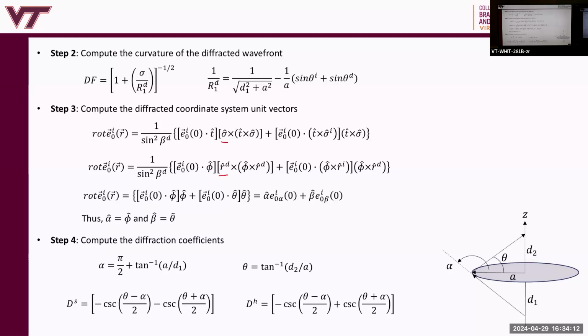This is all diffracted, all right? Cross with the tangent, which is phi, and then sigma again, which is r hat diffracted. We defined that before. And then we have E naught incident dotted with T crosses sigma incident, but T is phi, and sigma incident is R hat unit vector incident. And T hat is phi, sigma is R diffracted, right? So this takes care of everything for you.